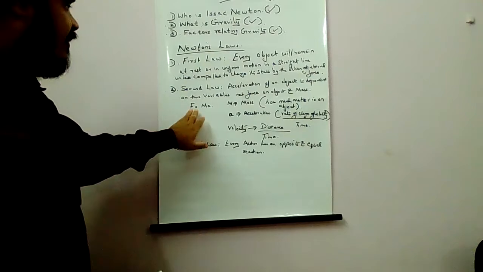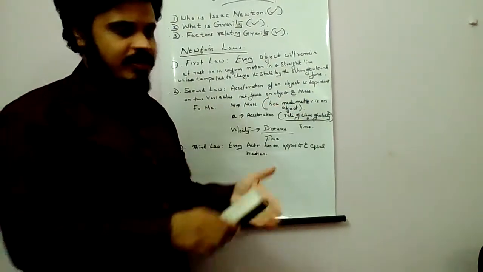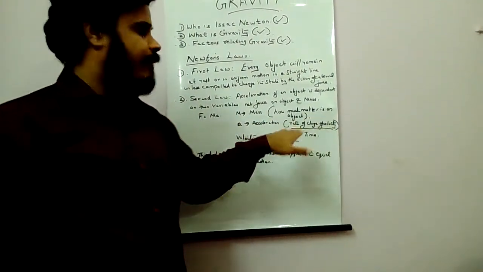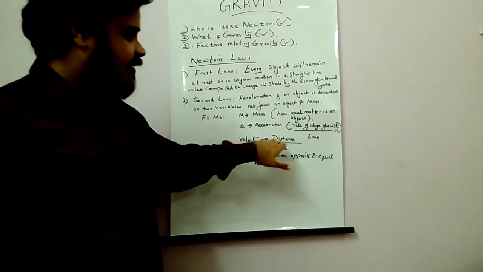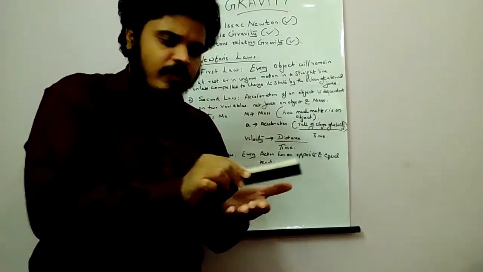So we have an equation, F equals ma, where m is the mass, that is how much matter is in an object, the weight of an object. a is the acceleration, the rate of change of velocity with time. Velocity means distance by time, so generally we can say acceleration is the speed of the object.